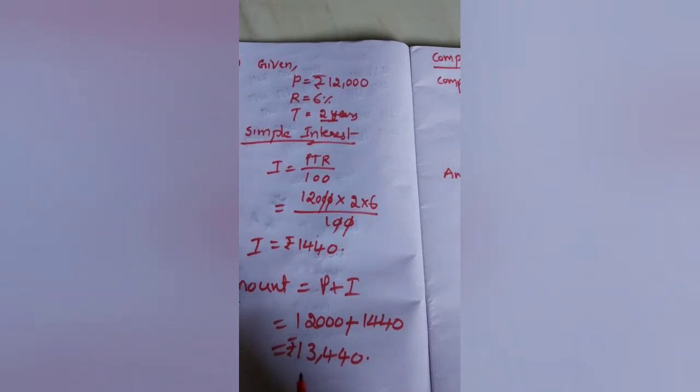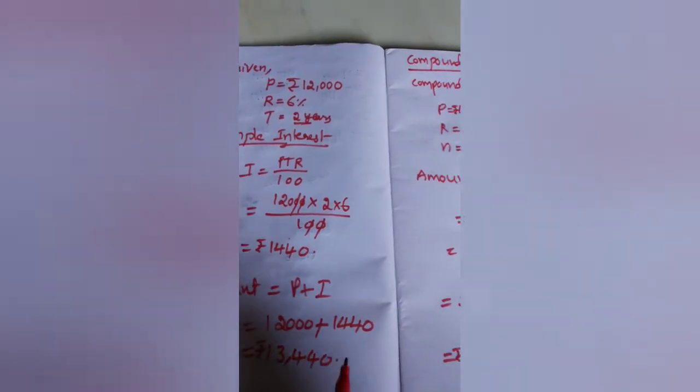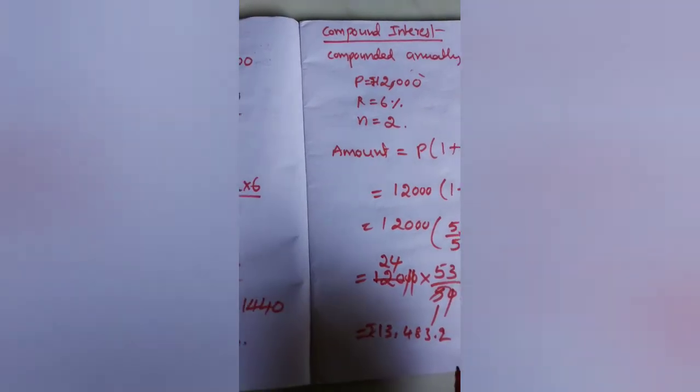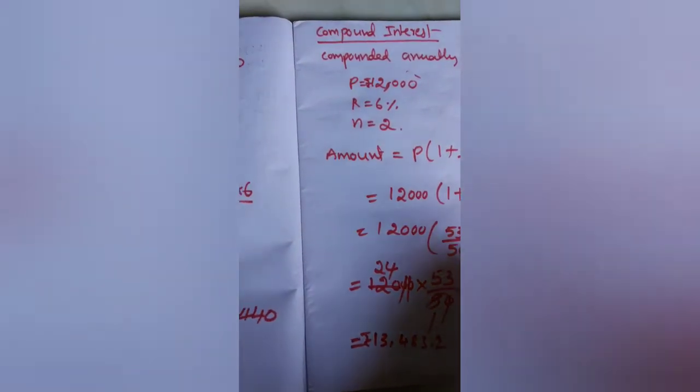Now see what they have given, how much extra I have to pay. See, for simple interest the amount is 13,440, and for compound interest the amount is 13,483.2. Obviously in compound interest we have to pay more. So how much amount do I have to pay more? That I will write here.